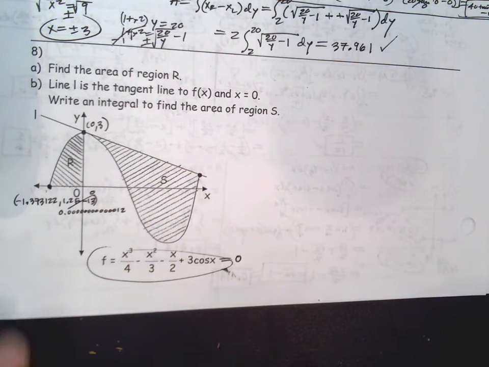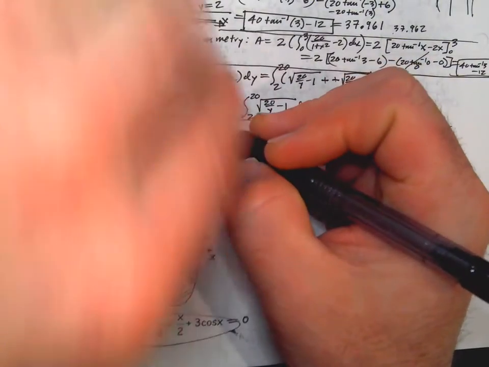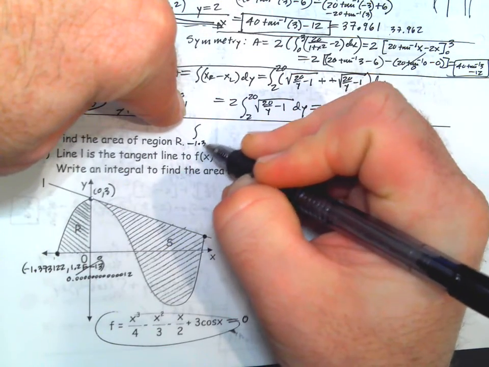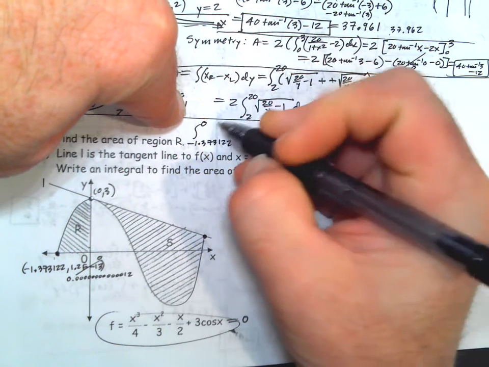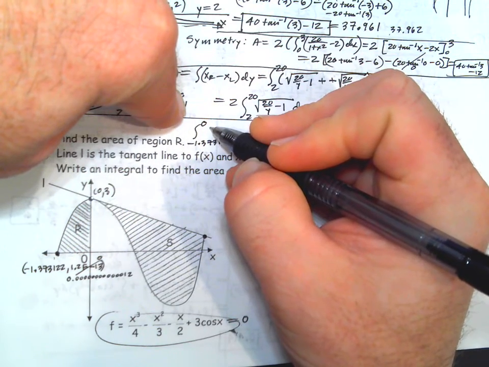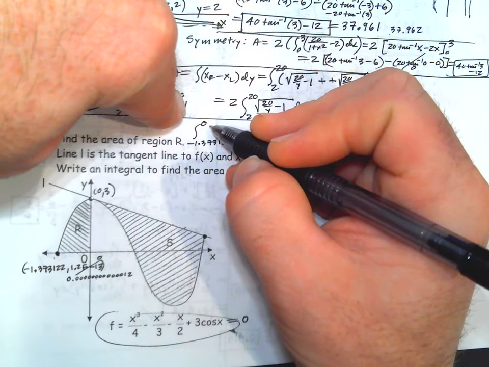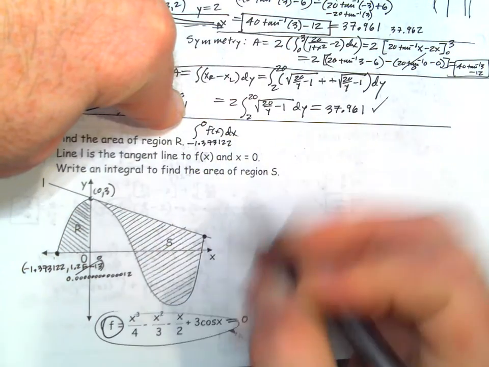And so now, to get that area, I'm just going to write the equation up here. We're just integrating a single curve here. We're going to go from -1.373122 to 0 of the function, and it's okay to write f of x if they named it for you, then you can just put that name in.